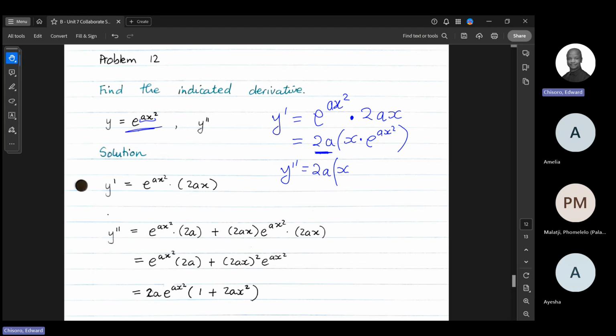Remember, we've done that. So that would be e to the ax squared times 2ax. So I've done u times v prime, and now plus, I'm going to keep this one constant, so that's e to the ax squared times the derivative of x, which is just 1, and then there's my final answer.